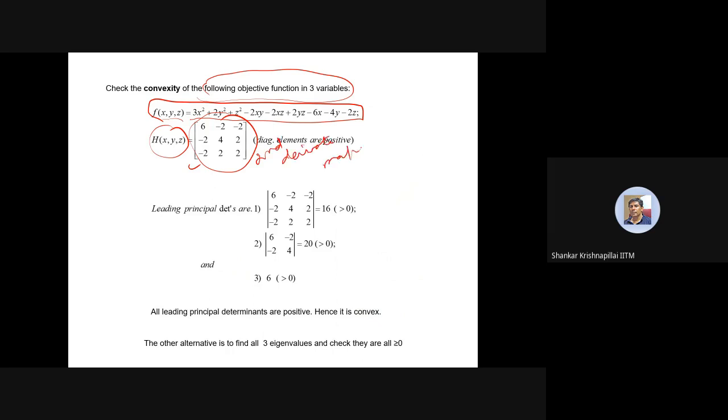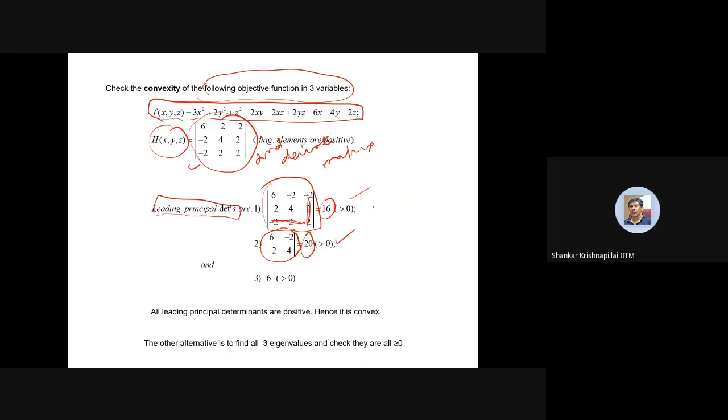So you have to check if the matrix is positive definite or positive semi-definite. We'll use the method of checking the leading principal determinants. This is the first leading principal determinant. That determinant is 16, greater than 0. The second leading principal determinant, obtained by deleting the last row and column, has a value of 20.